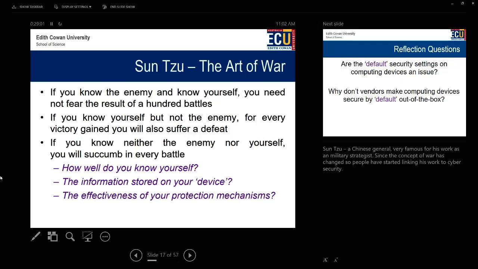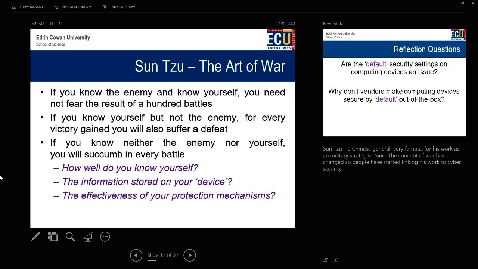But since the whole concept of war has changed, the probability of having a physical military conflict between two countries on the borders is very low compared to cyber warfare. So people have started to relate Sun Tzu's quotes to the cybersecurity domain, and the first 3 bullet points tell you how you can relate your cybersecurity issues with the statements he gave when he was a general, when he was alive in the previous century.